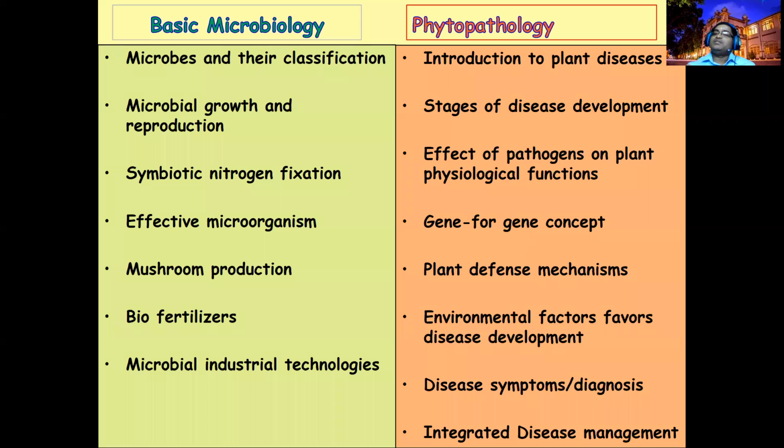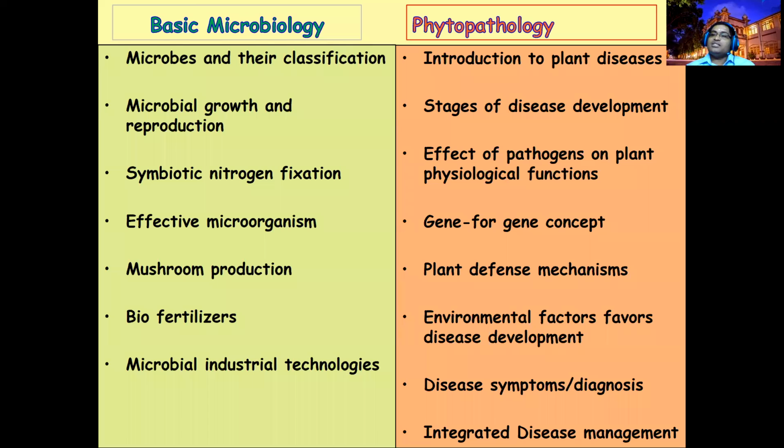So whatever gene is present in the pathogen and whatever gene is present in the host, the interaction of these certain genes helps the successful development of the disease. Or if the gene present in the plant is very dominant, we call it resistance, meaning it will not allow the pathogen to get in.